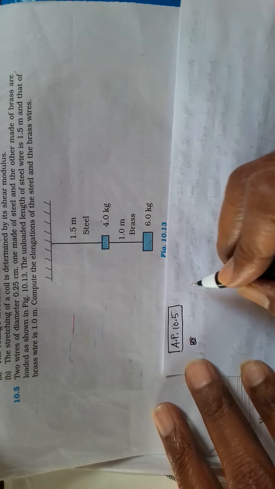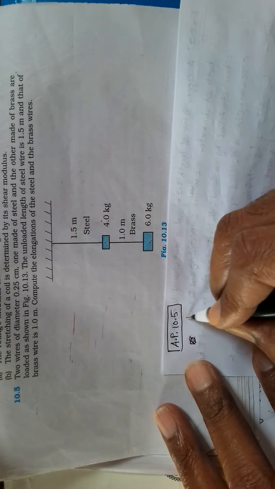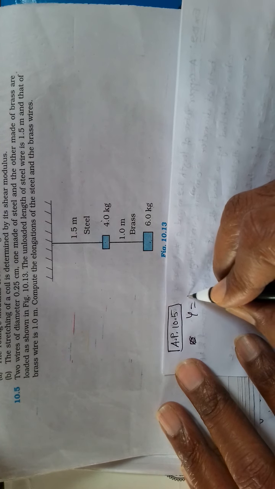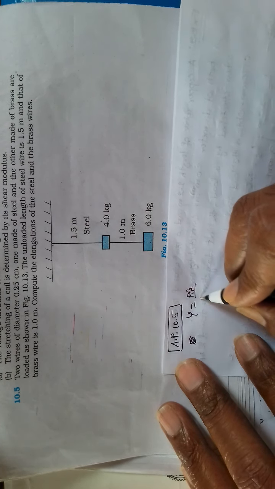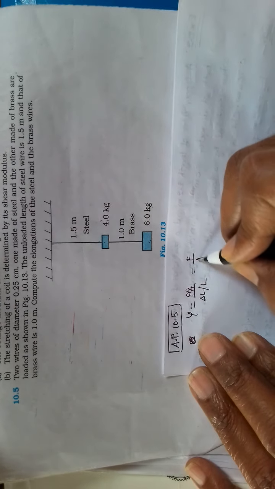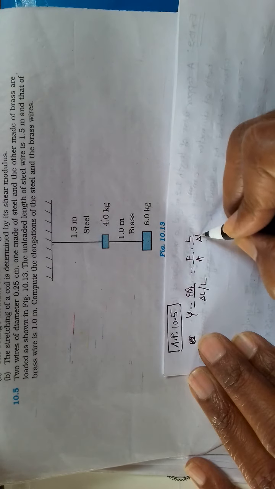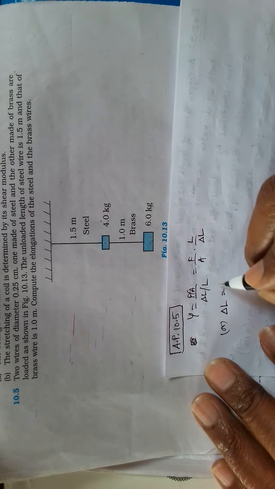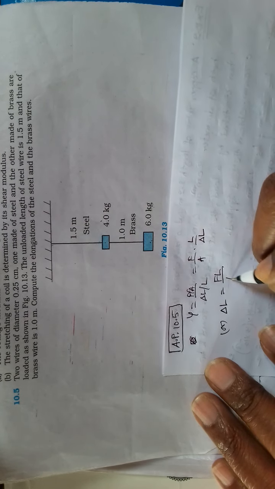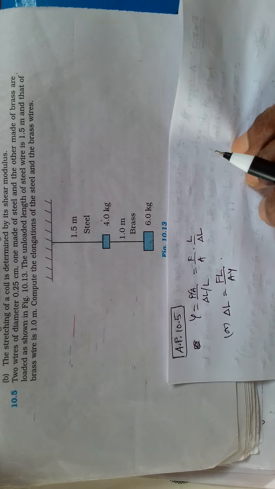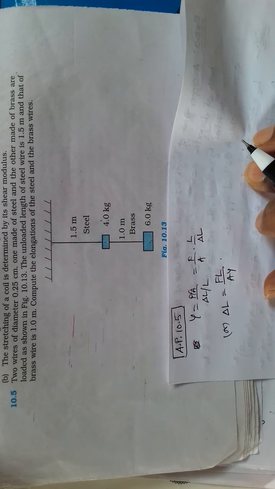See, first let us write the Young's modulus. Y is equal to force by area divided by change in length by original length. That is F by A into L by delta L. So elongation is asked. Therefore, elongation is equal to FL by AY. So in this we have to substitute the values.